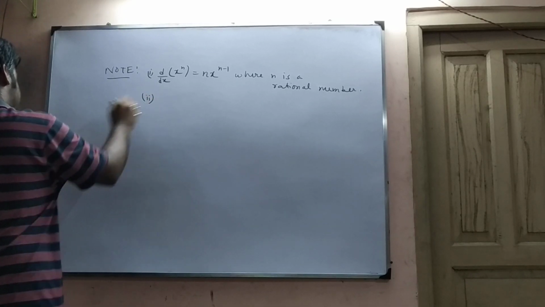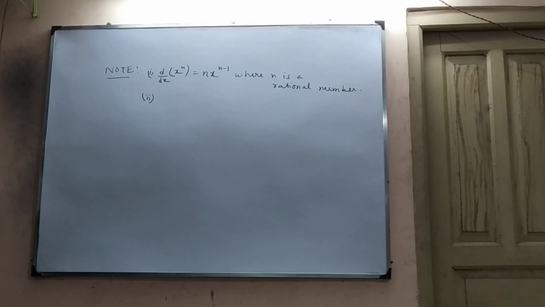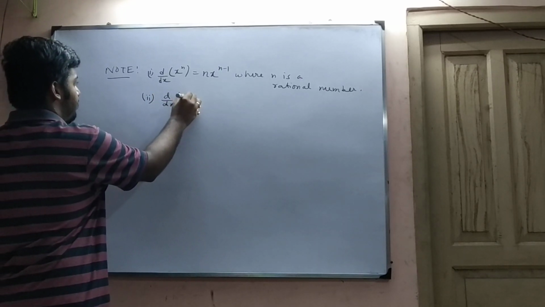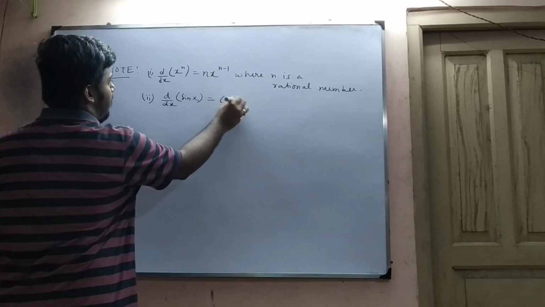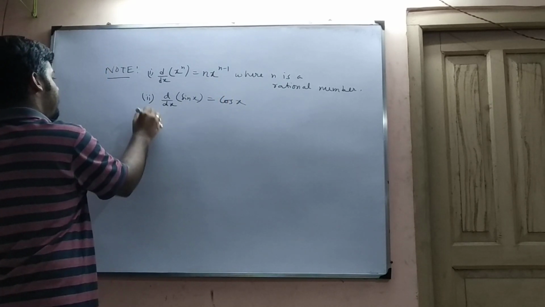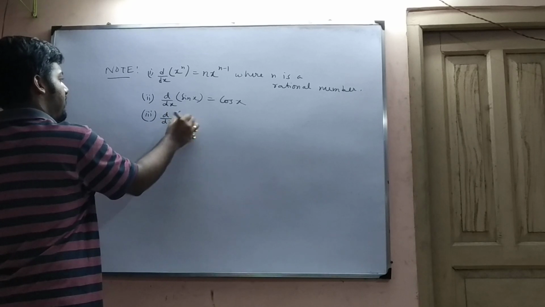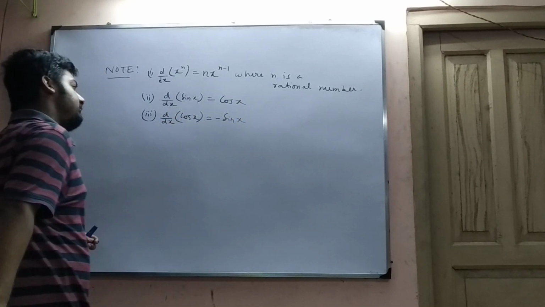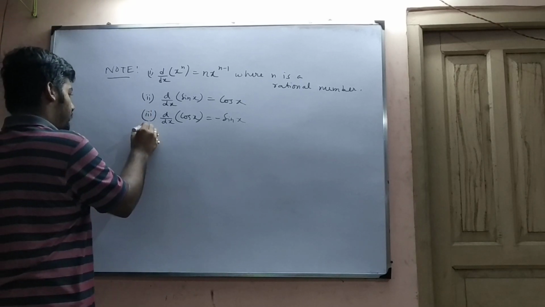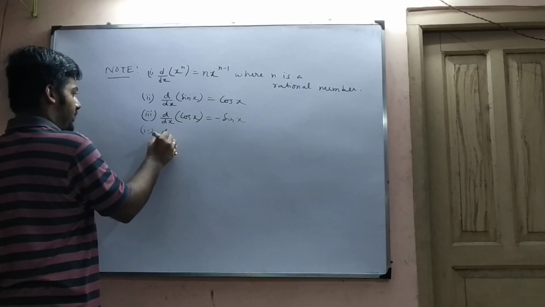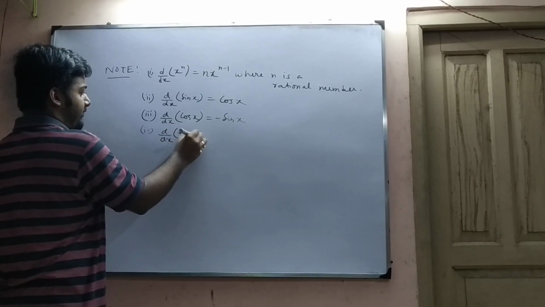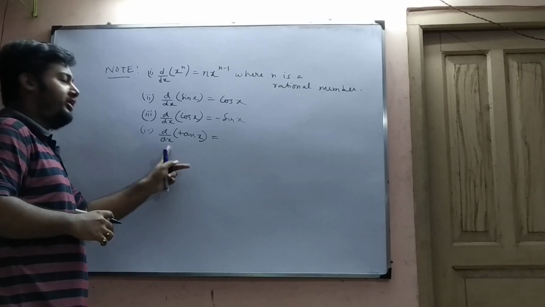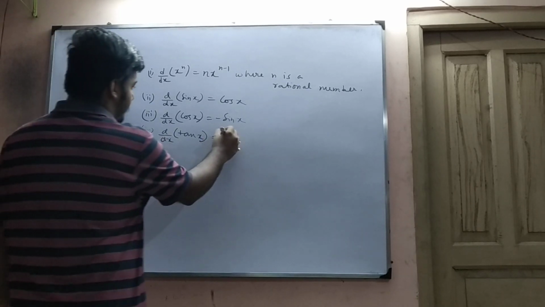And second thing, d/dx of sin x is equal to cos x. Third thing, d/dx of cos x equal to minus sin x. Fourth, d/dx of tan x, that means derivative of tan x with respect to x, that is sec square x.